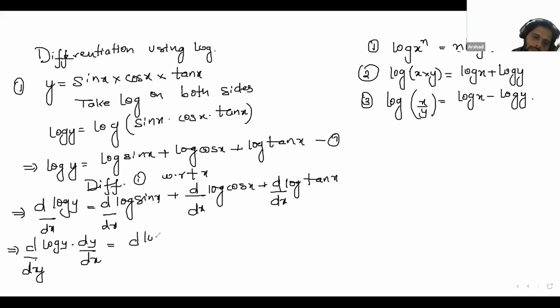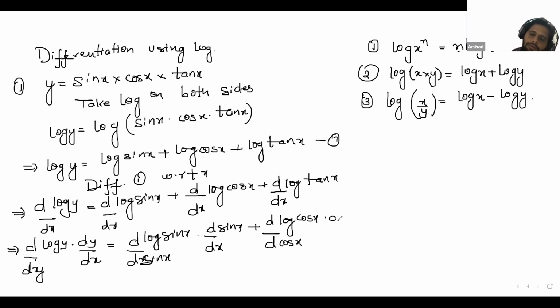So what we can write is d log sin x with respect to sin x, then d sin x with respect to x, plus d log cos x with respect to cos x, then d cos x with respect to x, then plus d log tan x with respect to tan x, then d tan x with respect to x.